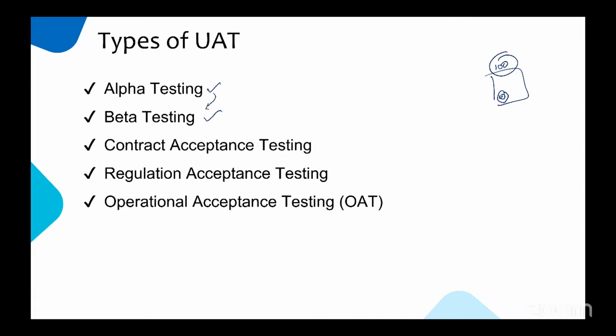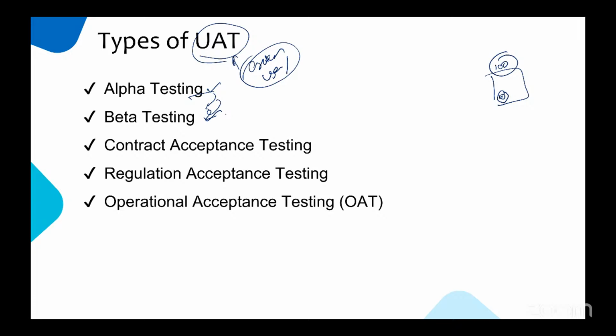So beta testing means what? It's a very broad group of external users. All this we are talking about in terms of who? External users or stakeholders. Remember, UAT is not about the testing team or development team. It is all about the user. So first a certain group of users, then comes beta testing with a very broad set of users. Let's take WhatsApp.